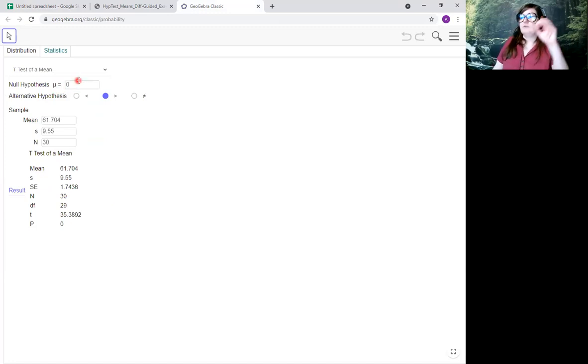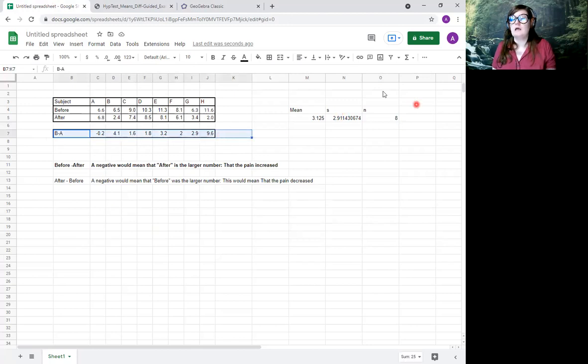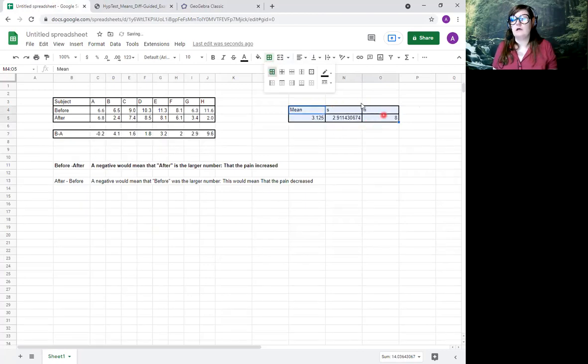The difference between the paired mean data and a regular single mean test is all of this: doing that physical subtraction and calculating the data off of this one single column. And once I've done that, that's it. These are the statistics that I need to run stuff off of.